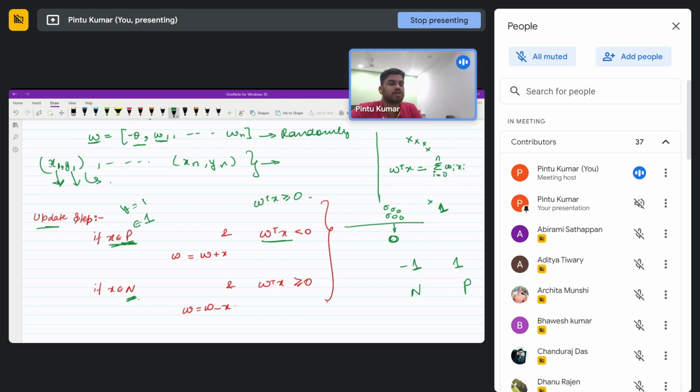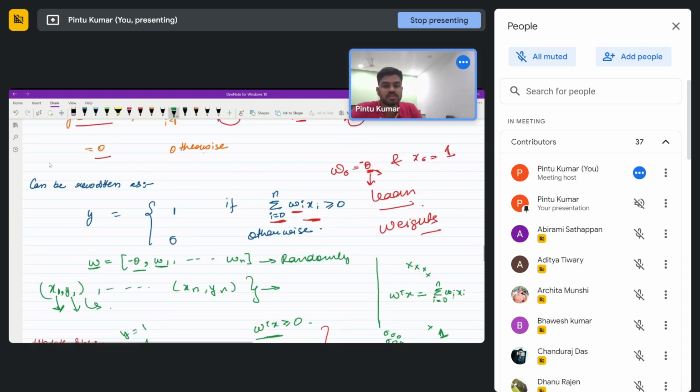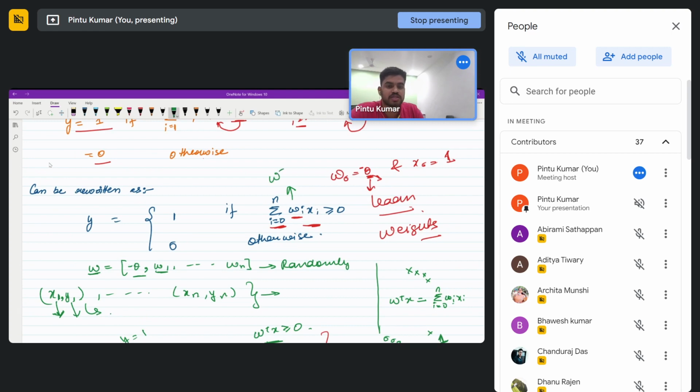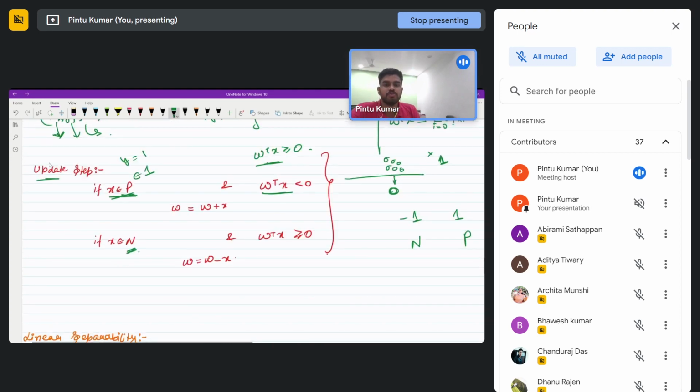This is just the dot product of W and X, just the notation. If you go ahead in deep learning, this is the notation people use; they would never write the explicit summation. So if my W transpose X is less than 0, that is, we are making an error at the point X, then I'll update my W to be W plus X.